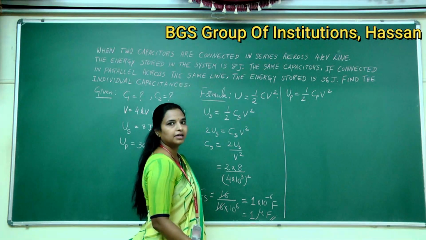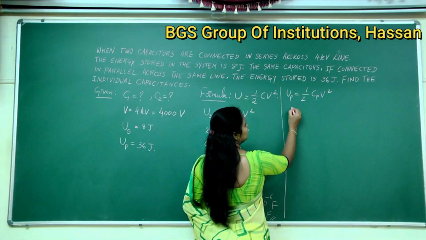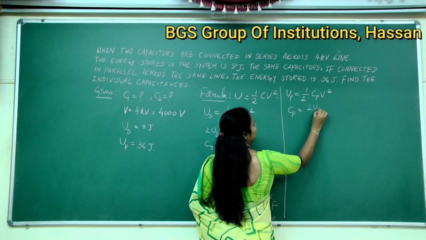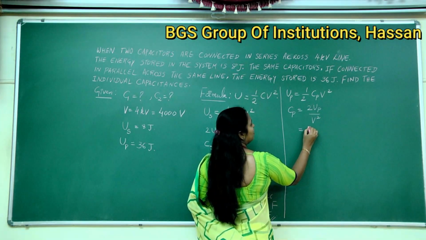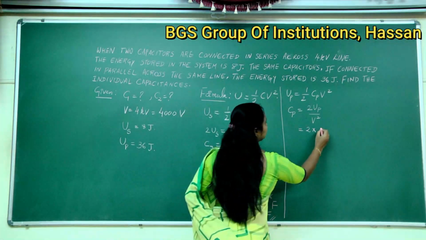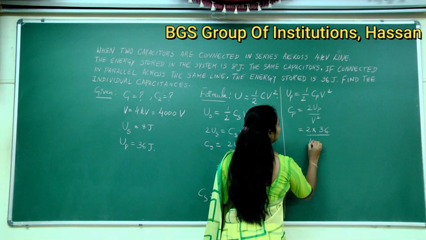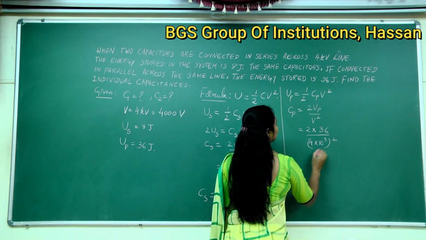Now solve for Cp as you did here, that is Cp is equal to 2Up divided by V square. 2 into what is Up? It is 36 divided by V, which is 4 into 10 power 3 whole square.